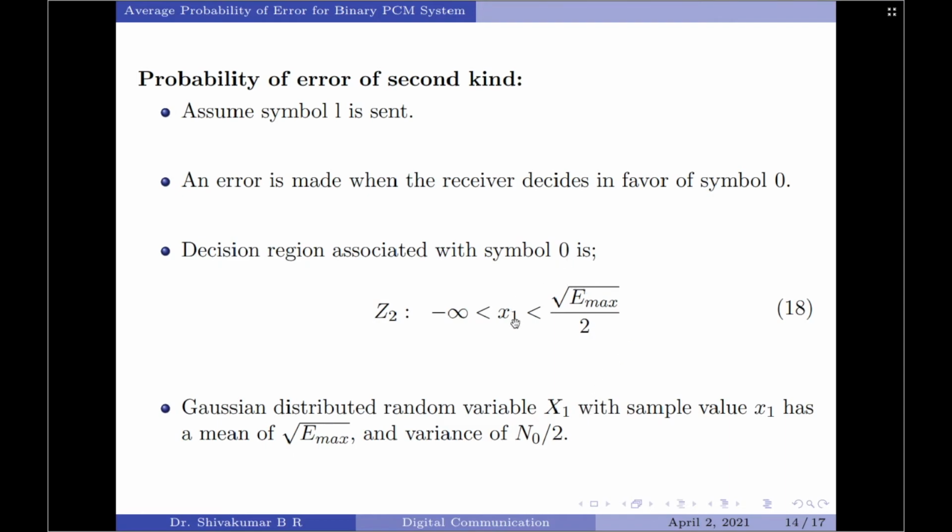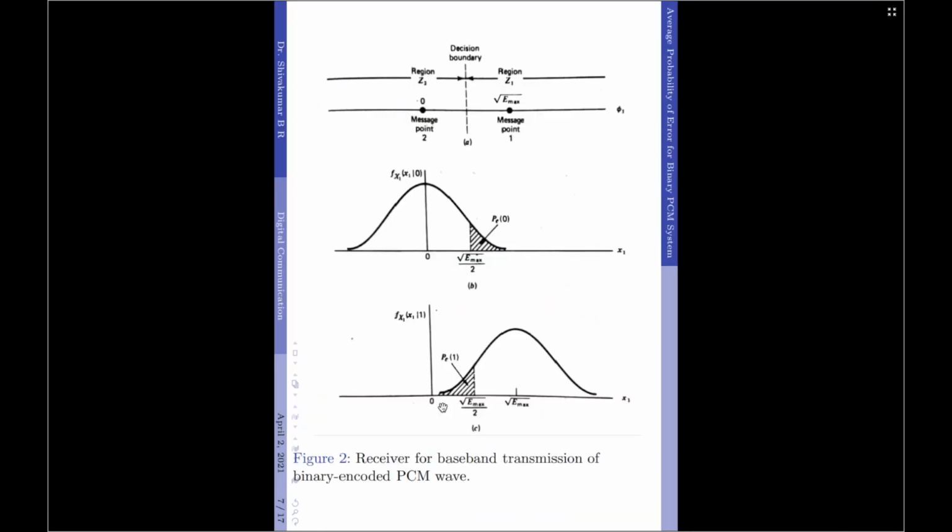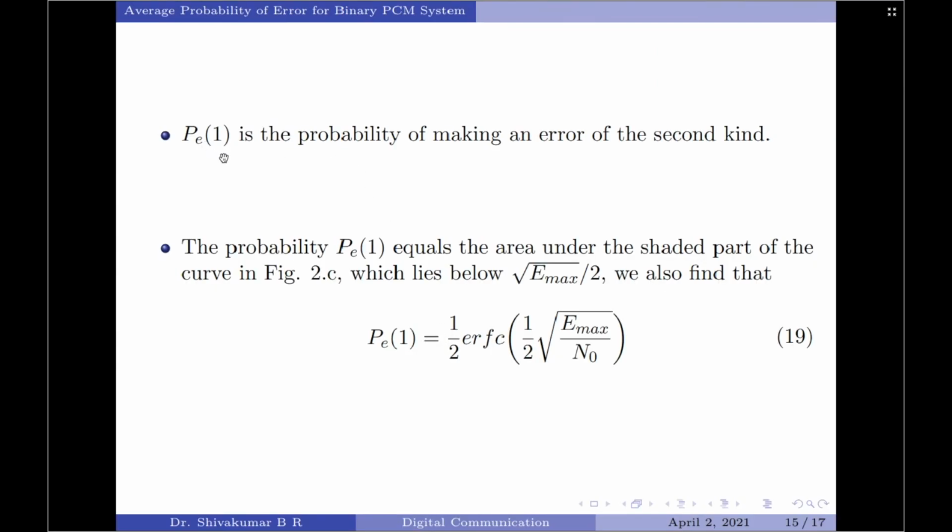Now, for this particular case, the Gaussian distributed random variable x1 with sample small x1 will have a mean equal to square root of Emax and variance once again the same, which is n naught by 2. So, the corresponding likelihood function fx1 of x1 given 1 is shown in figure C here. Let Pe of 1 denote the second conditional probability of error given symbol 1 is sent.